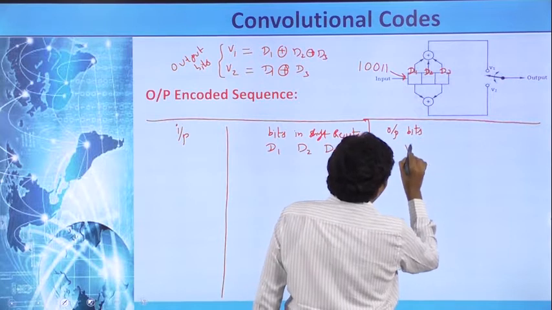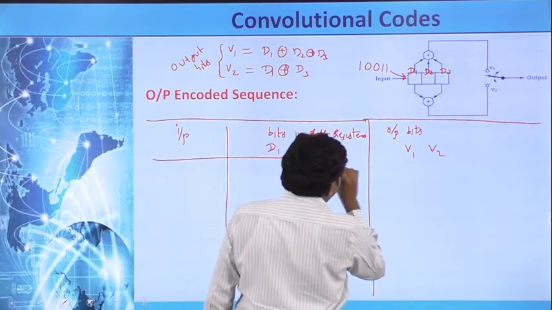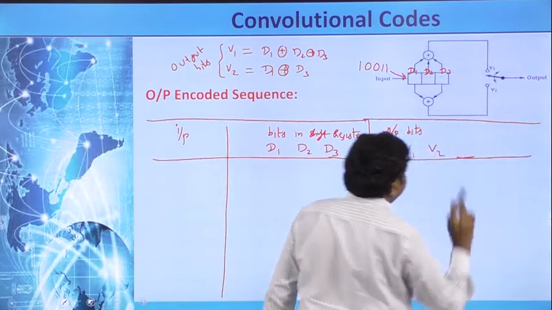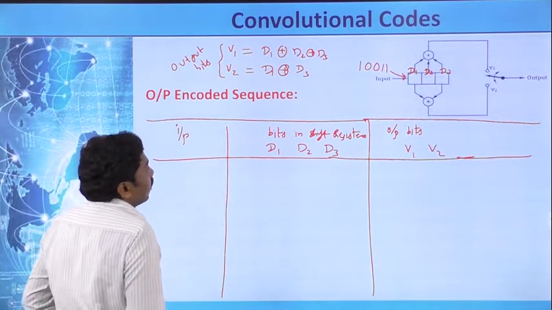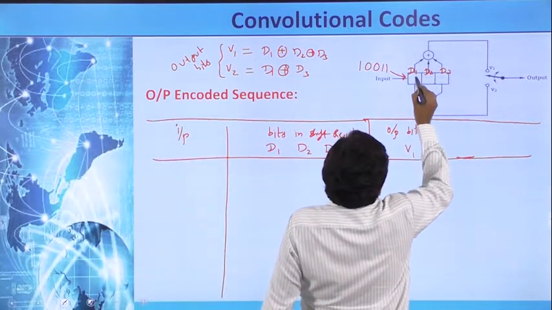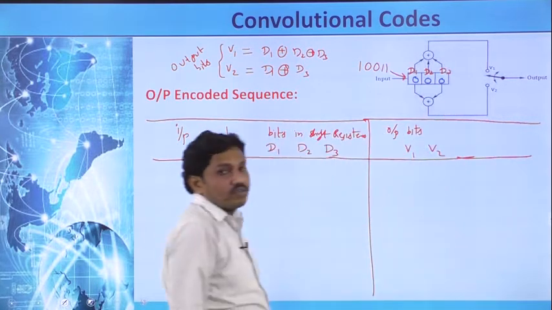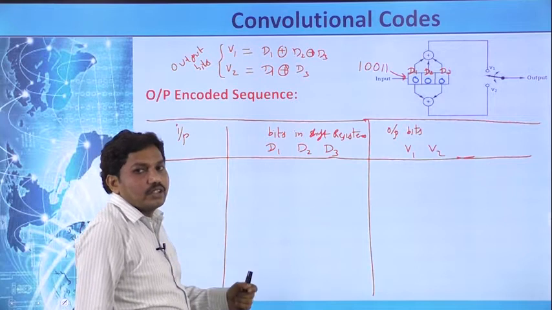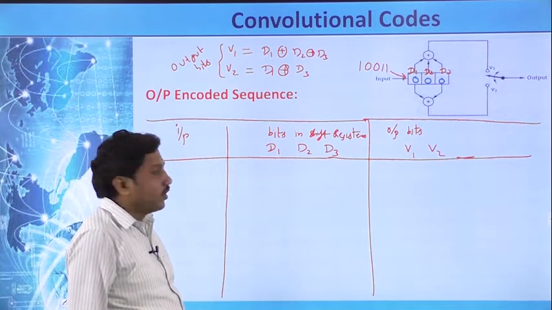Output bits are V1, V2. Initially assume that the bits in shift registers are zeros. We are assuming initially the shift registers are in reset position.